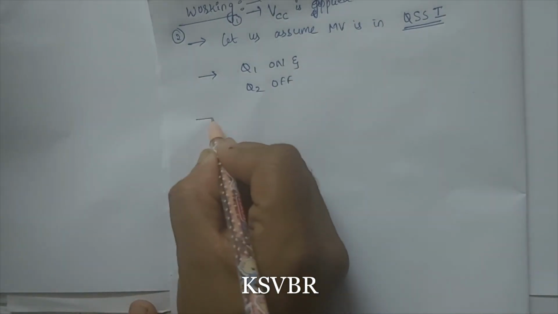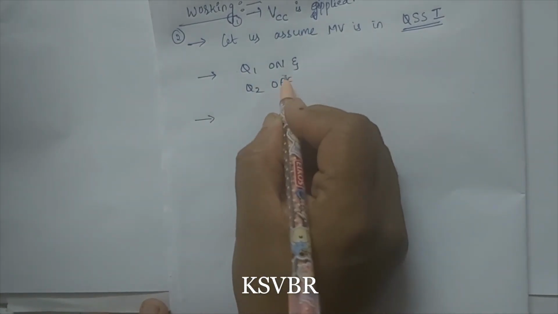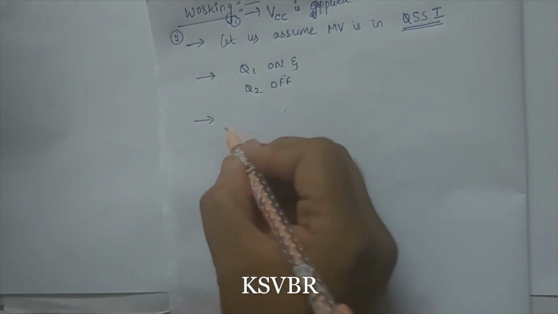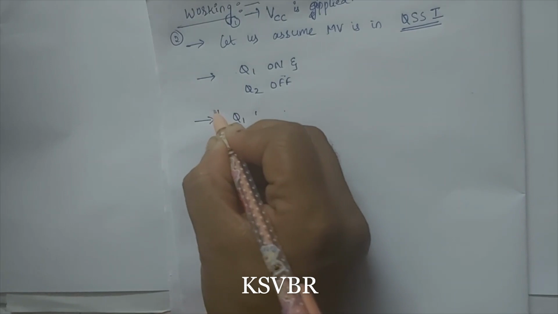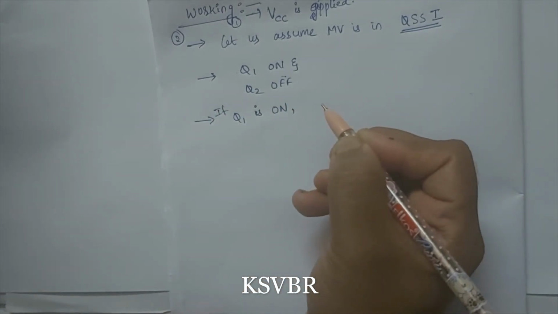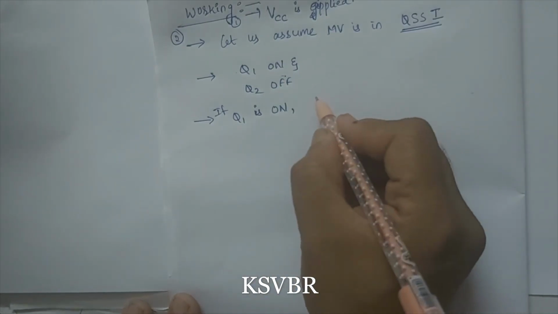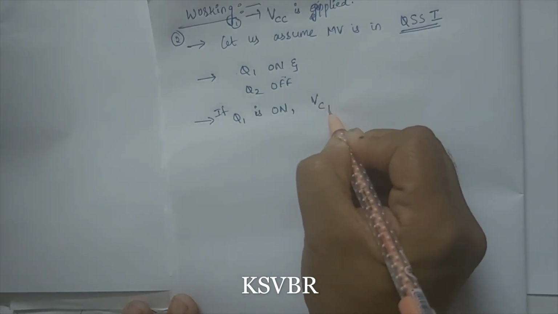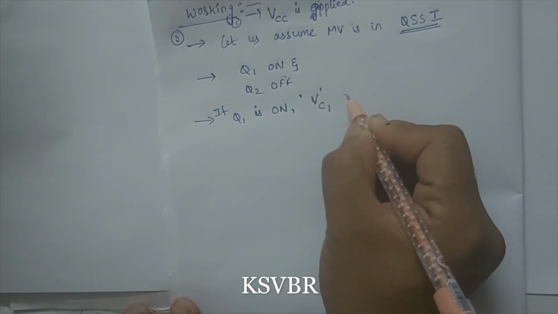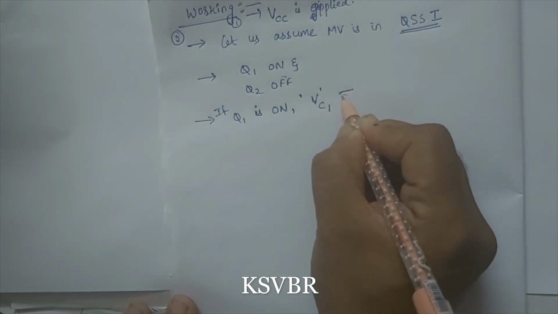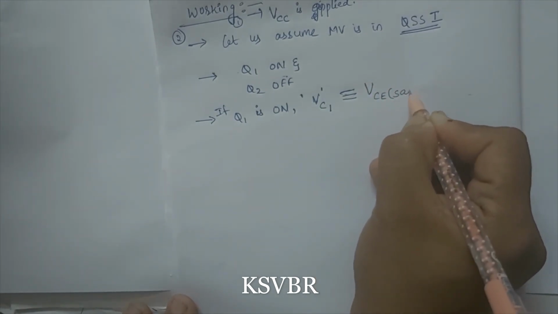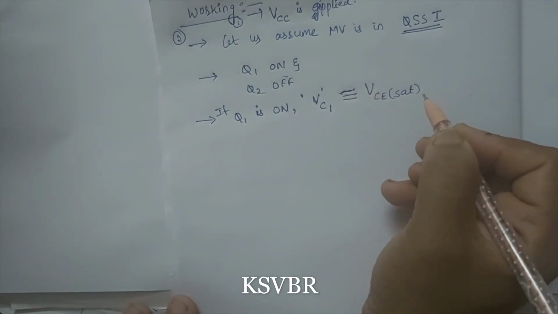So now let us see what happens to the on transistor and what happens to the off transistor. If Q1 is on, VC1, that means the output of the Q1 transistor, this is the on transistor, is approximately equal to VCE saturation.